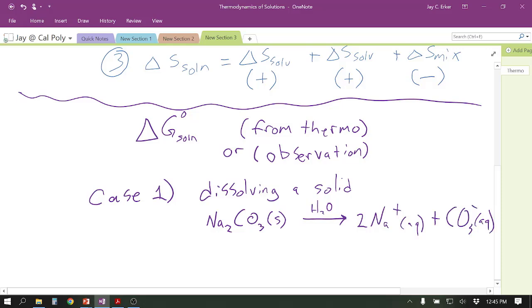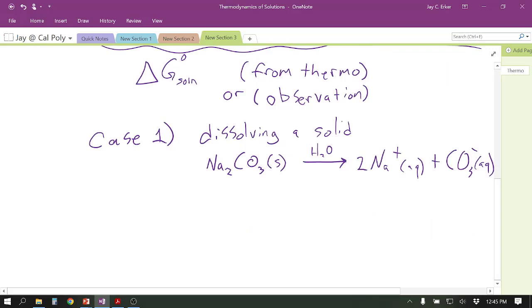Now, because we're looking at this specific case, there are some specific things we can say about delta H's and delta S's. The first thing that we can realize is we can put our terms together for our delta H of solution. And we can say, look, in this situation, it's not just any solute, it's specifically a delta H of a lattice. I'm taking this solid material that has a crystal lattice and I'm breaking it apart.